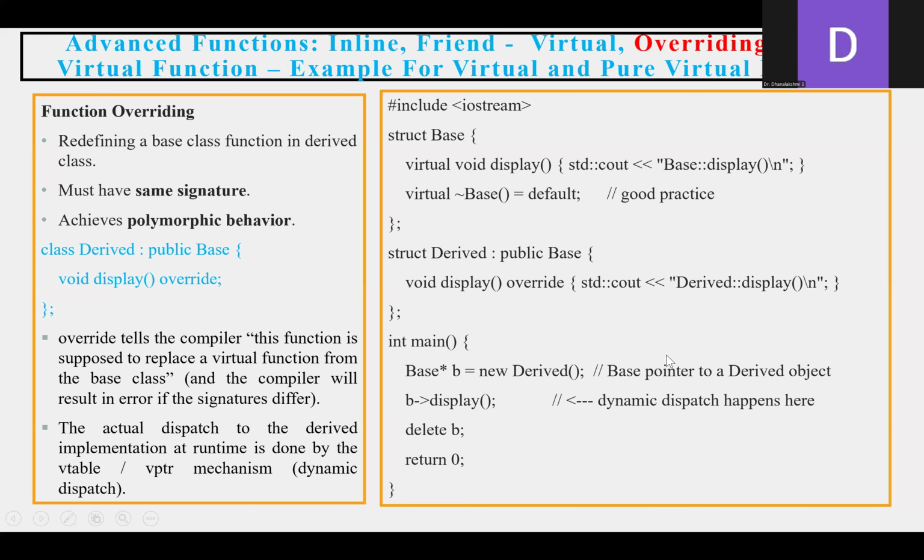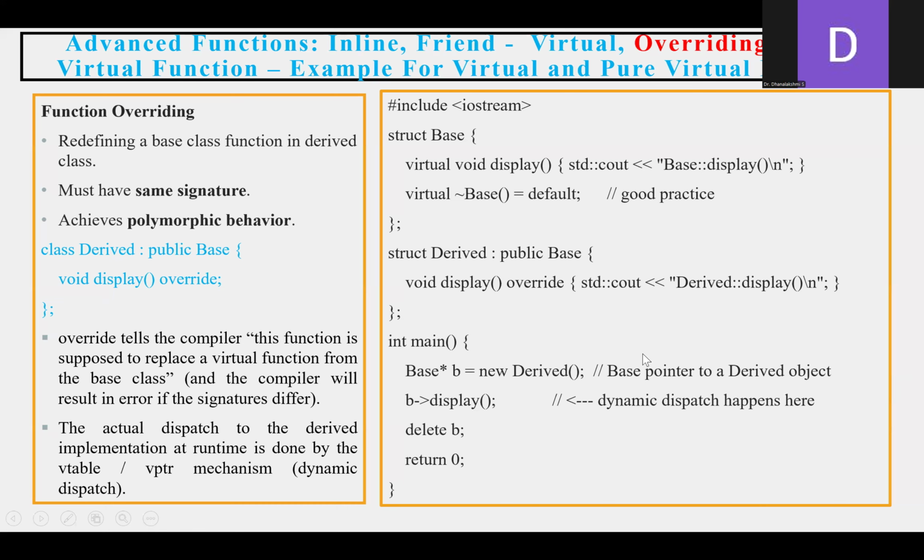That's how it prevents resource leaks. So this code demonstrates runtime polymorphism, dynamic dispatch, and also proper cleanup. Hope this program is clear.